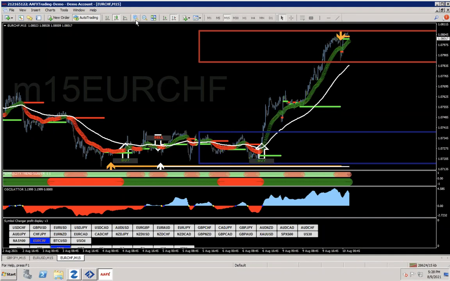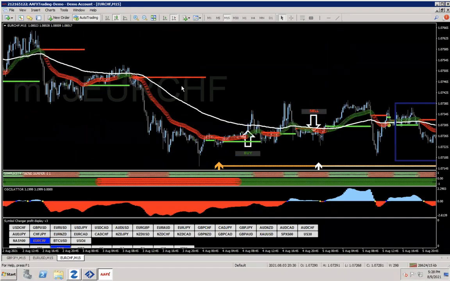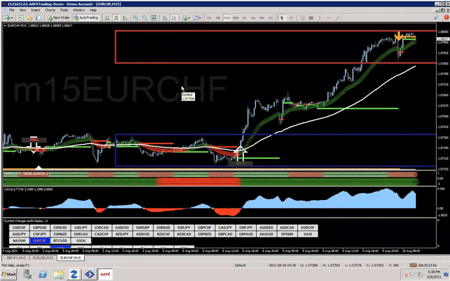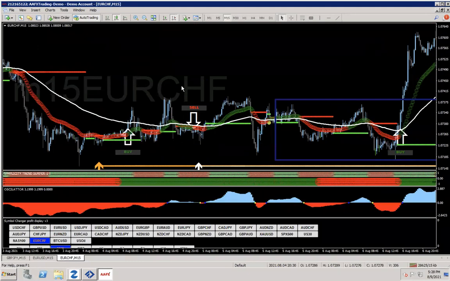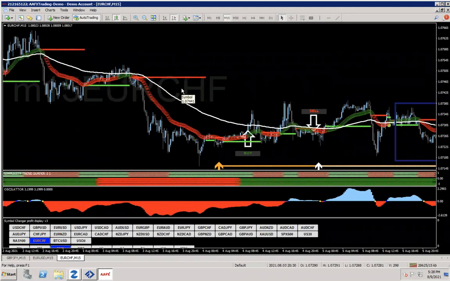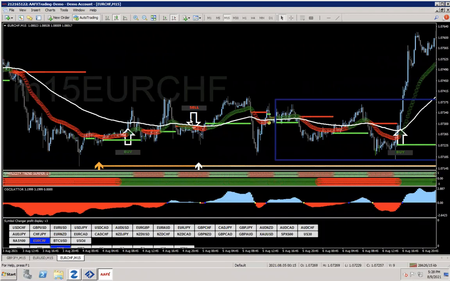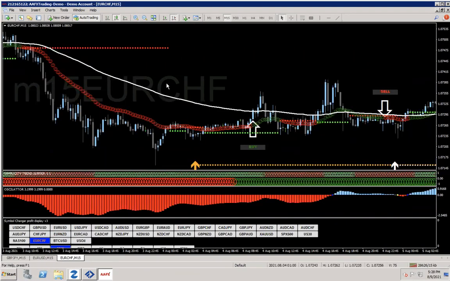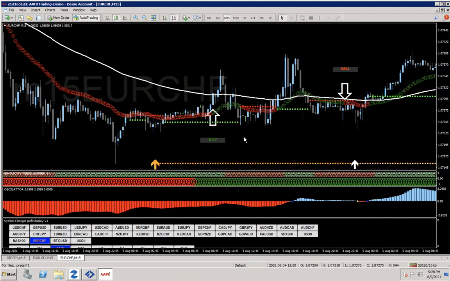As you can see right here, guys, I want to show y'all an example. I want you to see the reason why this thing went back. Zoom in one more level. As you can see, this thing crossed here. Y'all see that? But look at the candle that it crossed on.